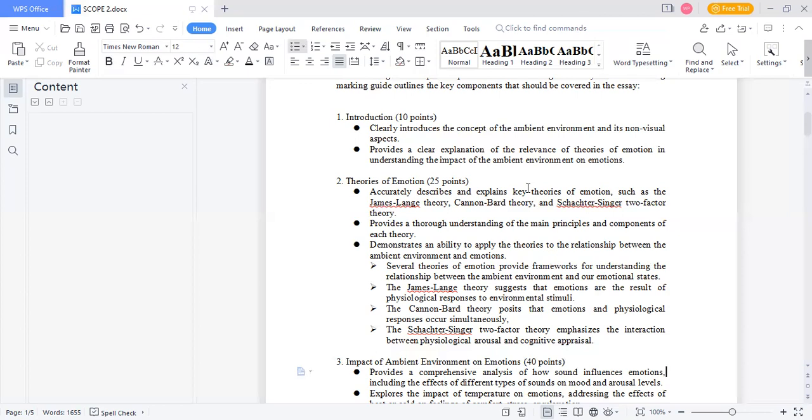Then the Cannon and Bard theory posits that emotions and physiological responses occur simultaneously, like our emotions as well as our physiological responses to our environment go together. And the last one emphasizes the interaction between physiological arousal and cognitive appraisal: how the environment physiologically arouses you, as well as the cognitive appraisal, how you also view it.